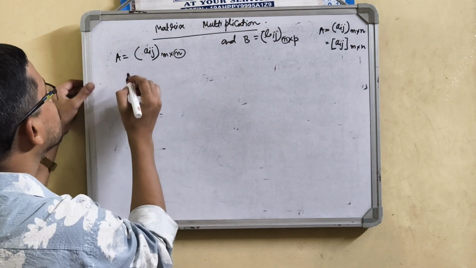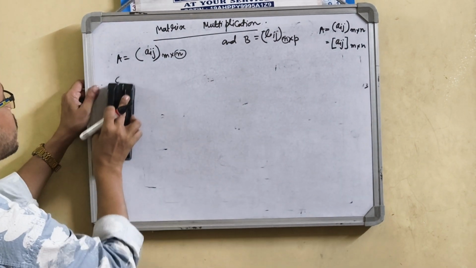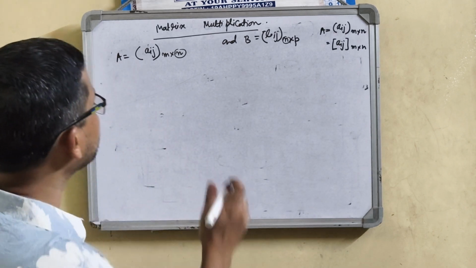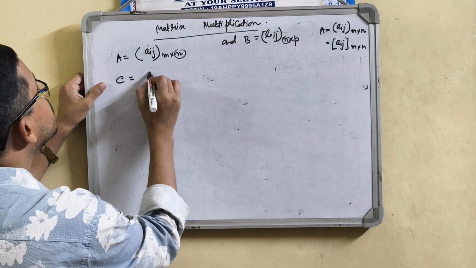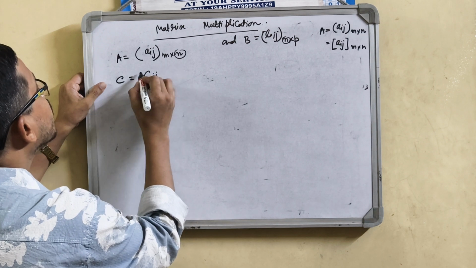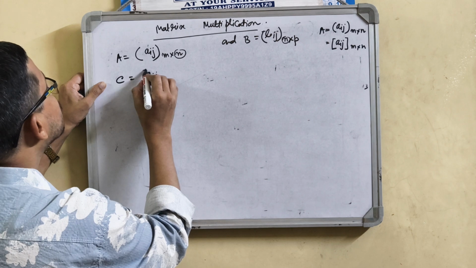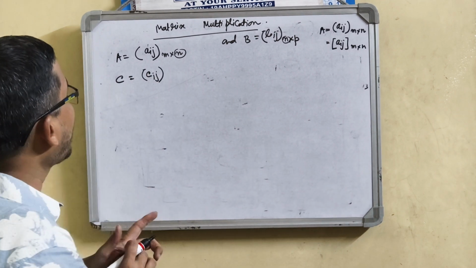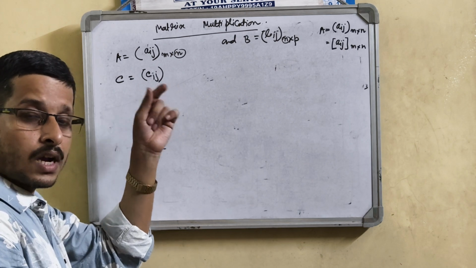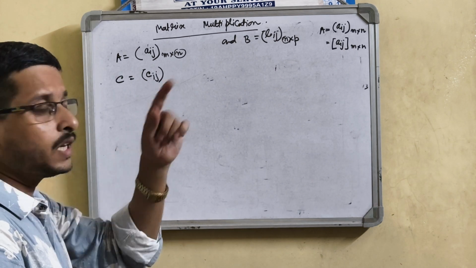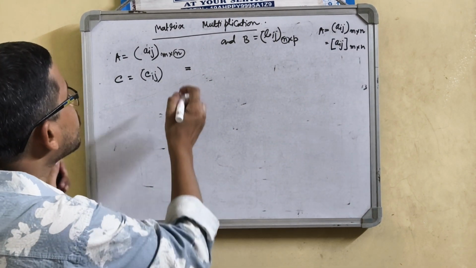And let C be the resultant matrix after multiplying A and B, C equal to Cij. I am not writing the order of the resultant matrix C first. I just want you to understand how the order of the resultant matrix comes about.